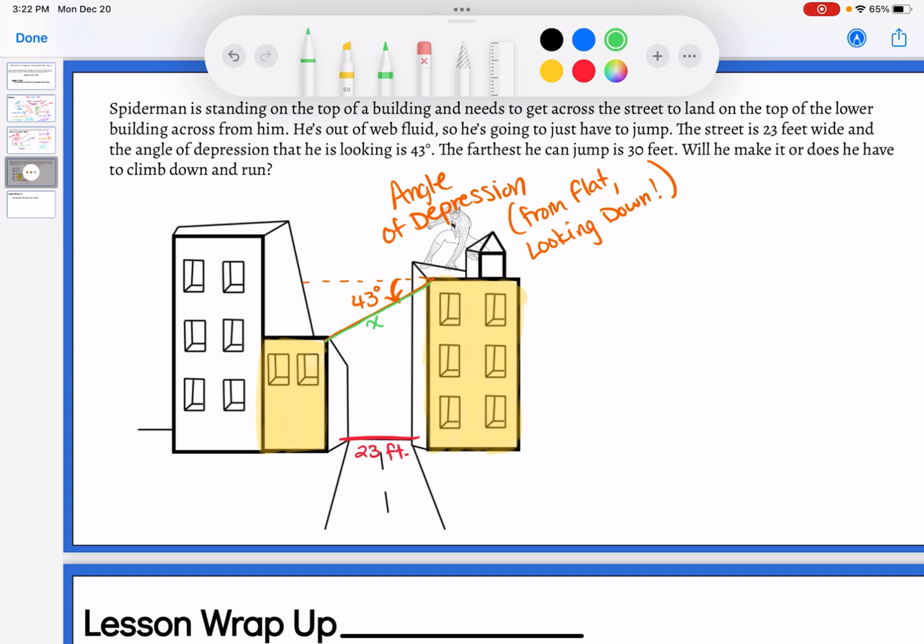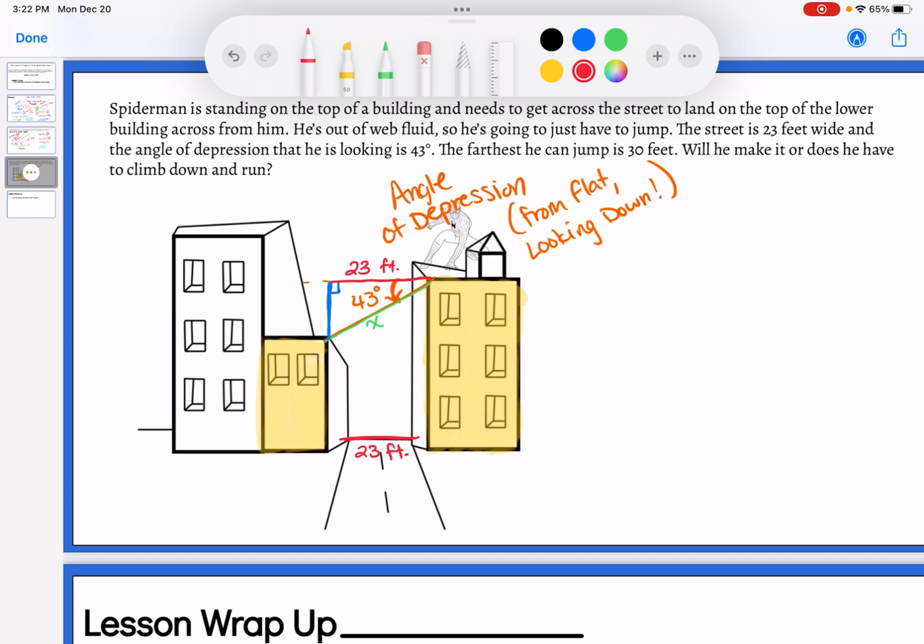Well, if I need to have this 43 degrees in my triangle, hopefully you kind of thought of something like, well, what if this went straight up and down? Here's my right angle then, right? If I know it's 23 feet across the bottom, then it's got to be 23 feet right up here at the top, right? So my 43 degrees is this angle measure right in here. So now let's see.